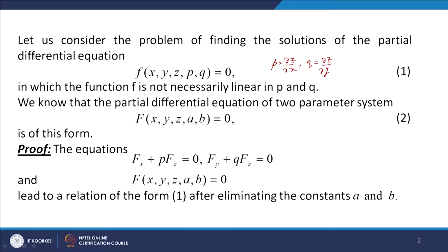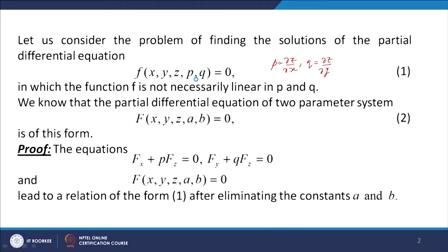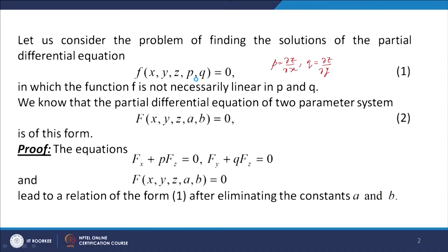So, in general it is possible to eliminate the arbitrary constants a and b from these three equations to arrive at a partial differential equation of first order, that is f(x, y, z, p, q) = 0. The converse of this result is also true, that is any PDE of the type 1, f(x, y, z, p, q) = 0, has a solution of this type f(x, y, z, a, b) = 0.